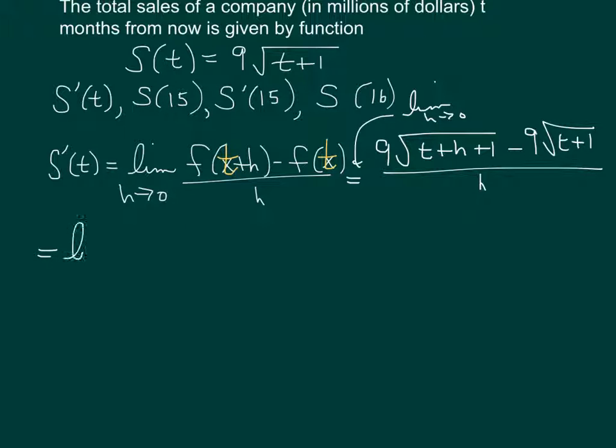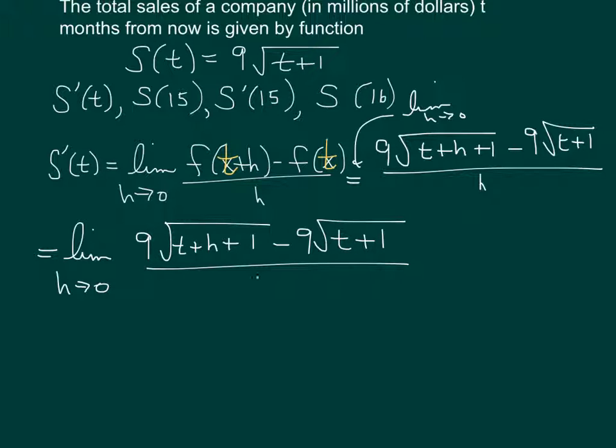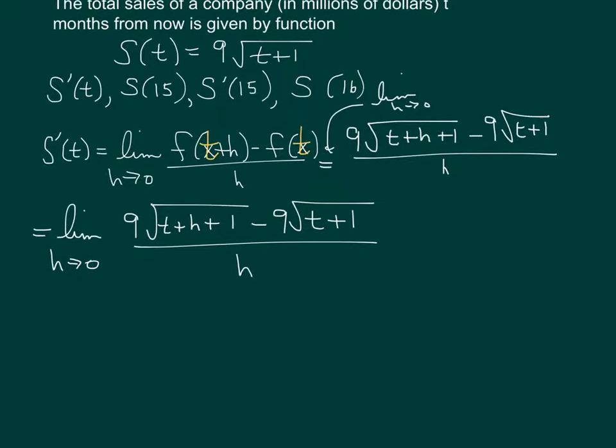All right, so I want to figure out something I can do, because I can't plug in h as 0 because of that bottom. I'll be dividing by 0. So anytime you see anything with roots like this, what I can do is multiply by what's called the conjugate. The conjugate is this same thing but the opposite, meaning a plus.